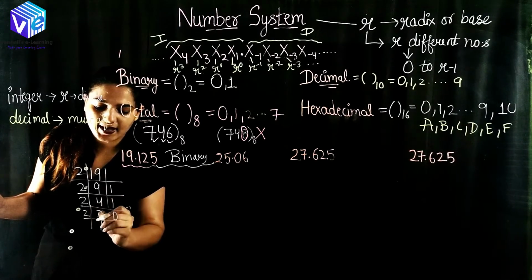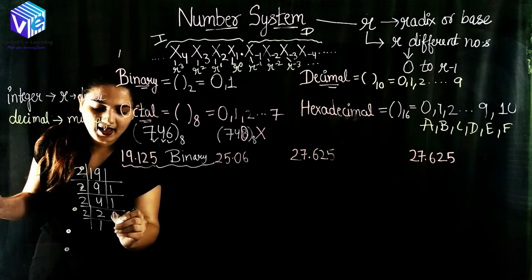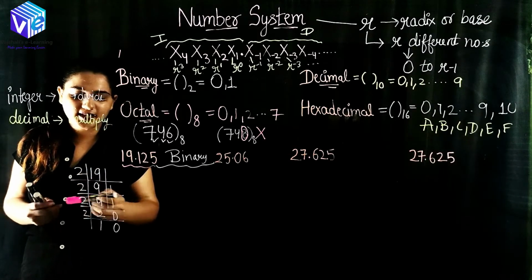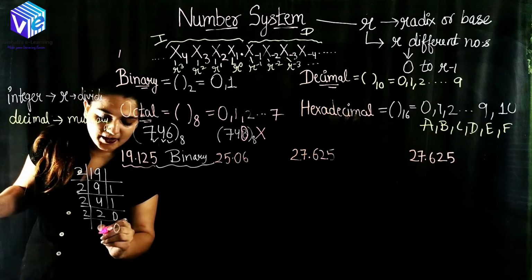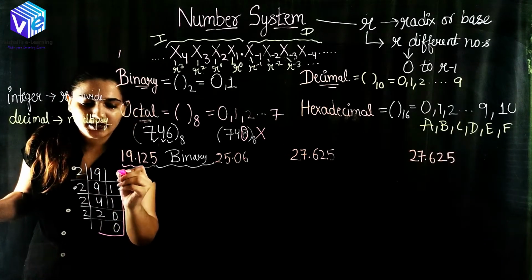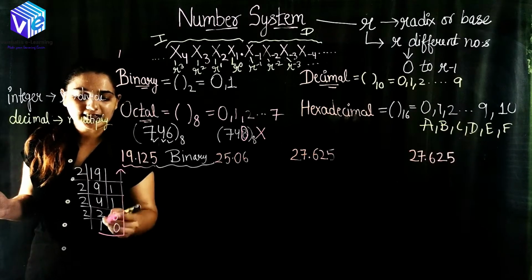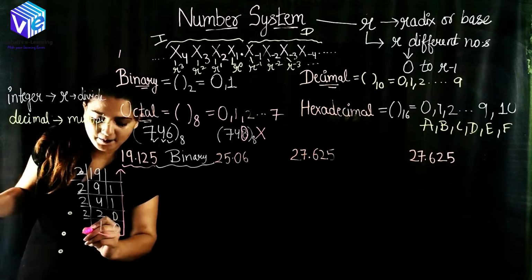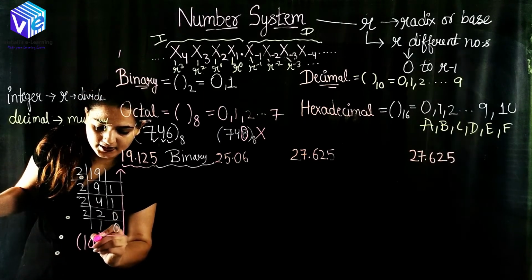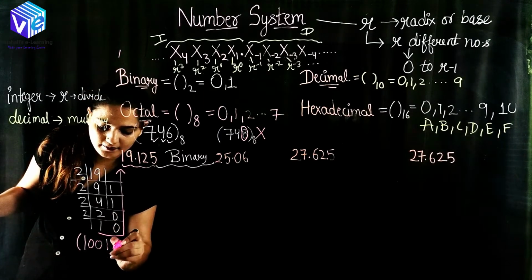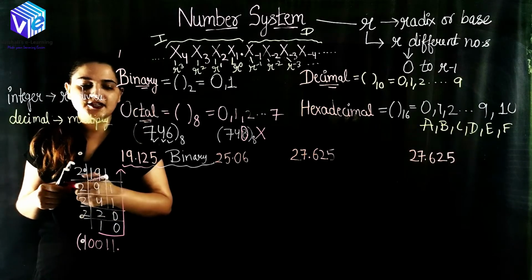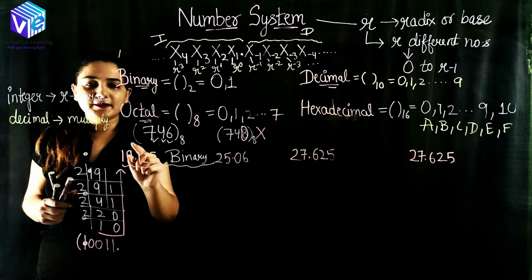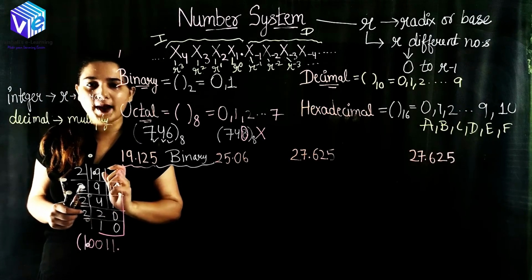When I divide by 2, I will have 1 and the remainder is 0. So what is the binary number? We move from downward to upward direction, and this represents the integer part. So the integer part is 10011. I have simply computed the binary representation of the integer part of this number.